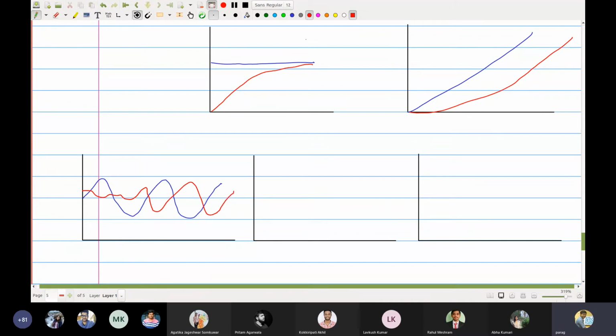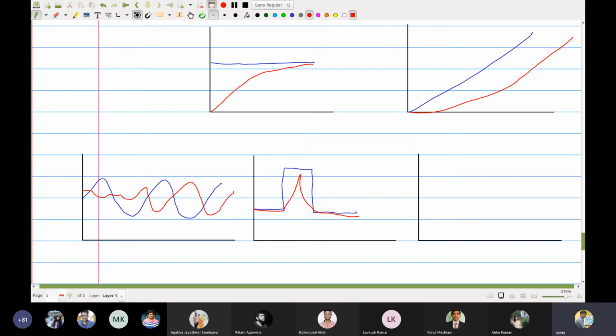Then you can say that I have a pulse input. It's not very difficult to derive. Now pulse input is like two step inputs. One is going up, the other one is going down. So how would your output look like? It would look like this. It would go up and then it would come down.